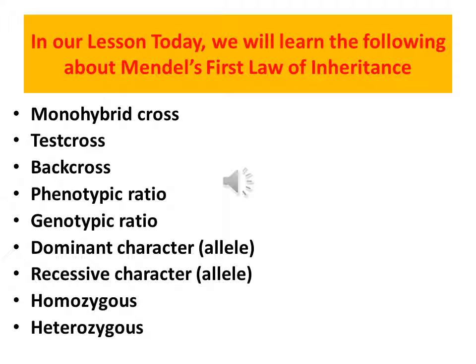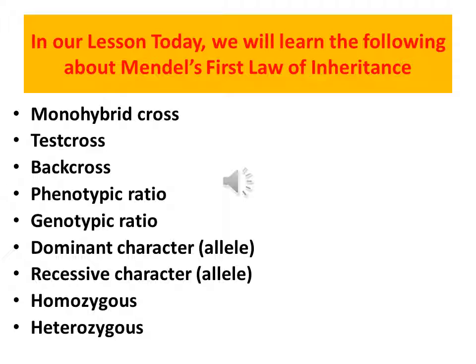While genotypic ratio is the ratio of different genotypes in the progeny of a cross. Dominant character, or dominant alleles, on the other hand, are alleles that manifest in heterozygous form, while recessive alleles don't manifest in heterozygous form.